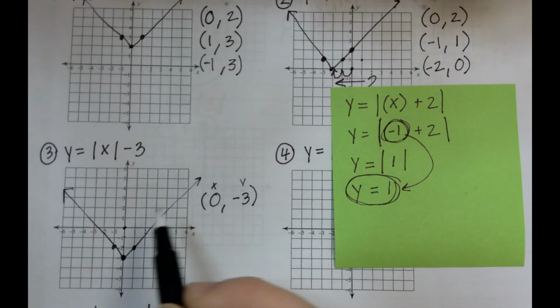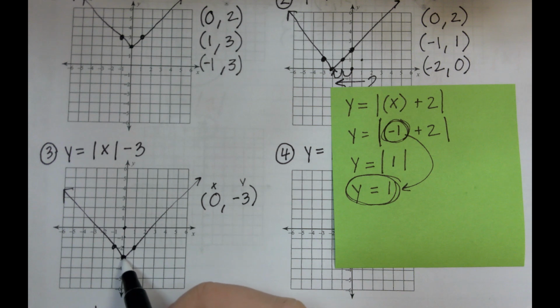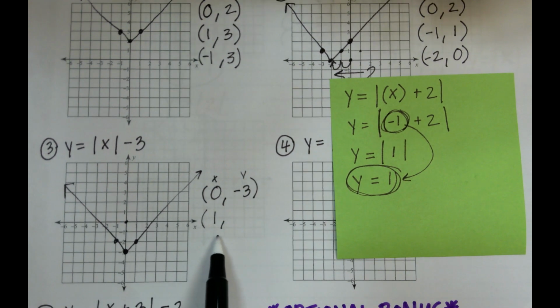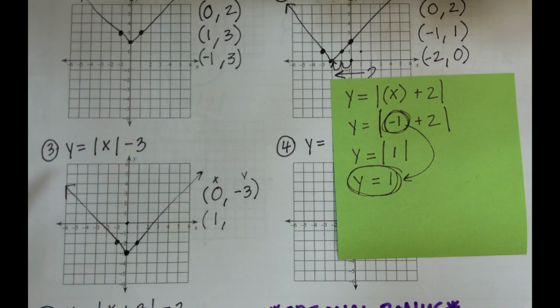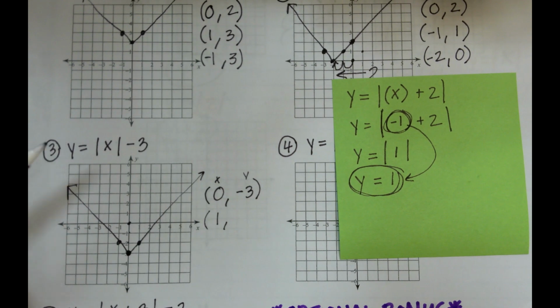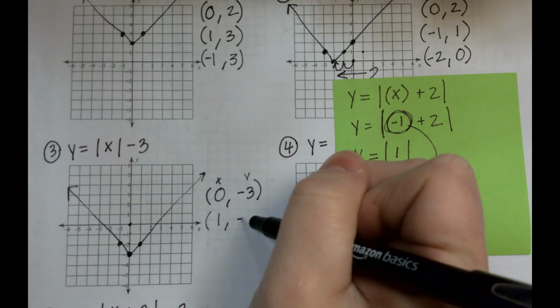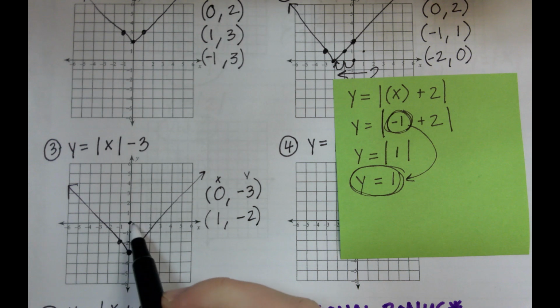And look, that's where that first point was, at 0, -3. If I plug in 1 for x, so x is 1 minus 3, that is -2. So I can check when I go over 1, down to -2 for y. That falls on the graph. That's good.